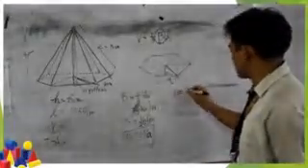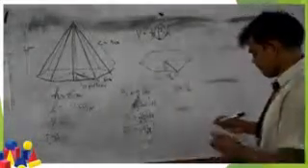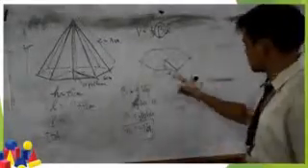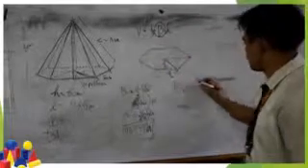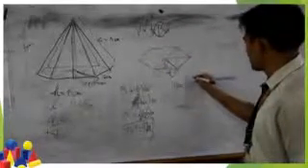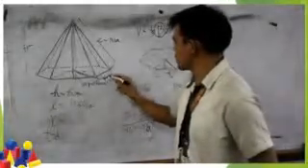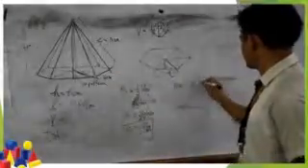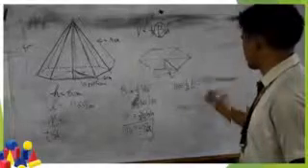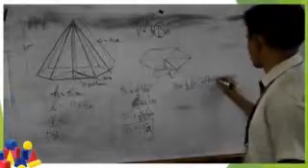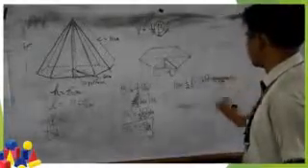Our B would be 1/2 P, and there are 6 sides, 6 multiplied by 6 centimeters, and the apotem is 5.2 centimeters.